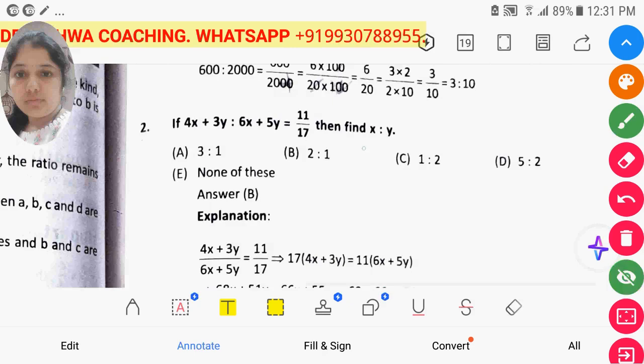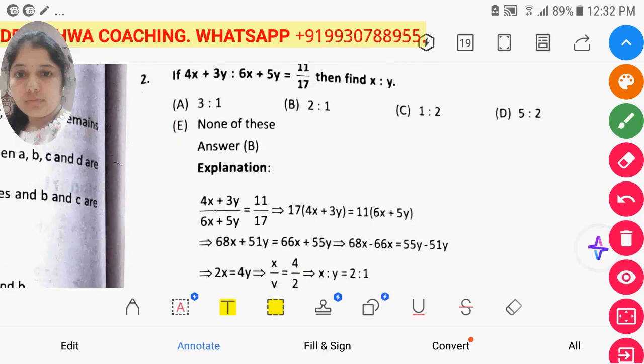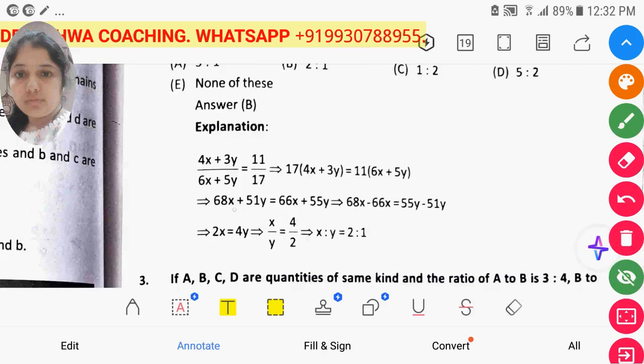Now see, this proportion is given to you: 4x plus 3y is to 6x plus 5y is equal to 11 upon 17, and we have to find the value of x is to y. This can be written as 4x plus 3y upon 6x plus 5y is equal to 11 upon 17.